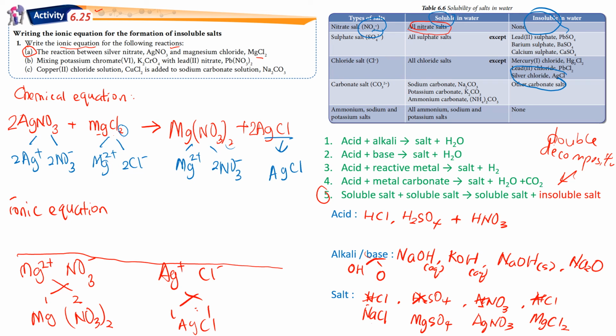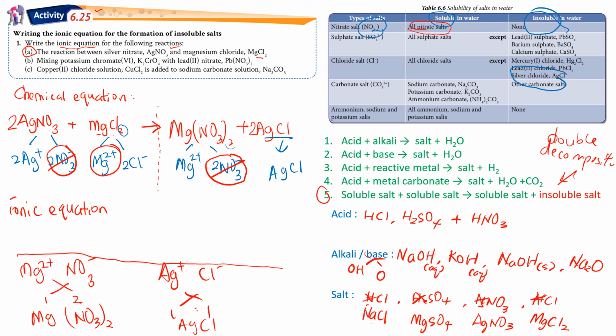From here we can write out the ionic equation by cancelling all the same ions on both sides. Silver ion cannot cancel. The 2 nitrate ions between the reactant and the product cancel.